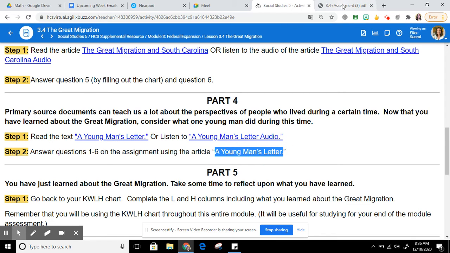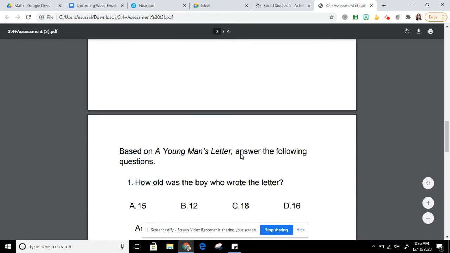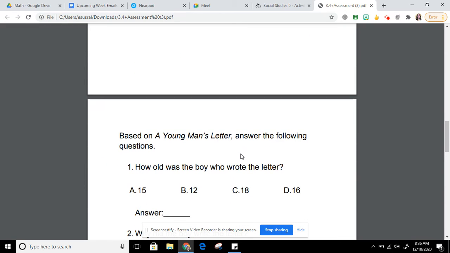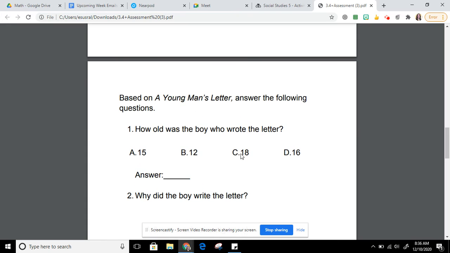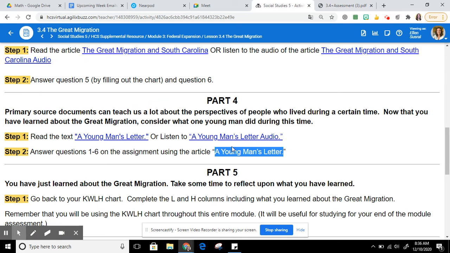If you look at the assignment, I know we already had number 1, but if you keep going to your 3rd page, you've got questions based on a young man's letter. Now you've got more questions. So you're answering number 1 through 6 under a young man's letter after you read or listen to that article.